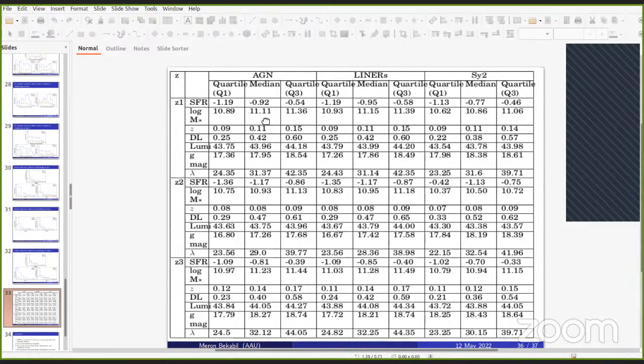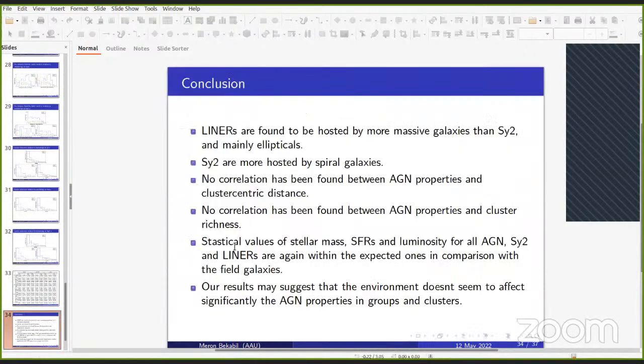The redshift is around here. That is the distance from the cluster center. Here is the luminosity. Here is the G band of the AGNs. And this is all the analysis for AGNs. This one is for LINERs, and this one is for Seyfert. And this is what we did.